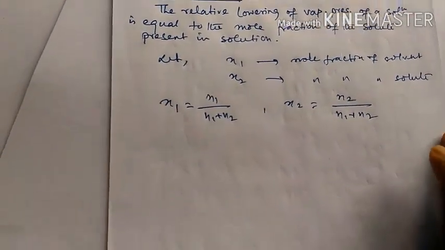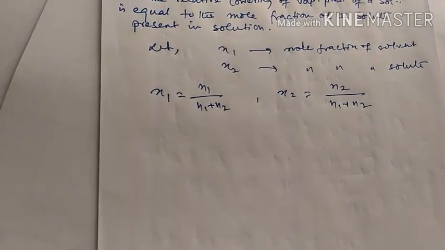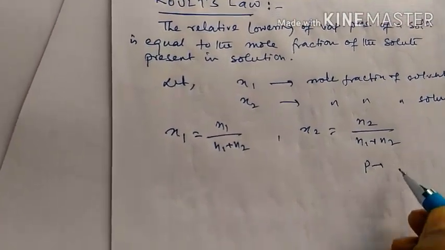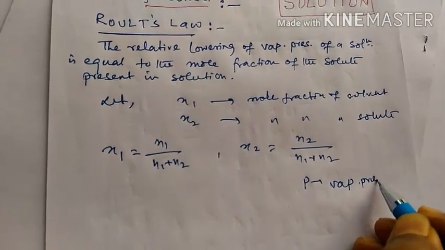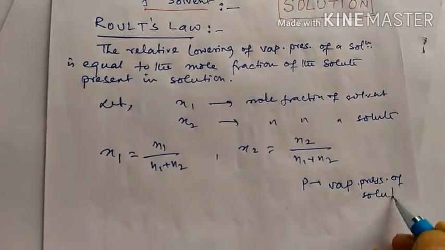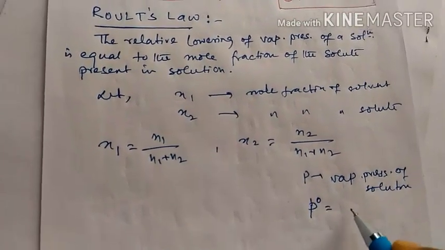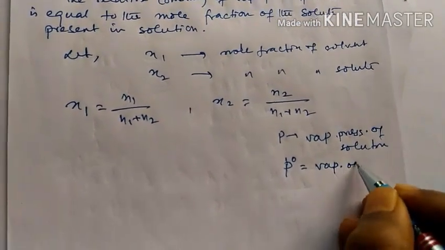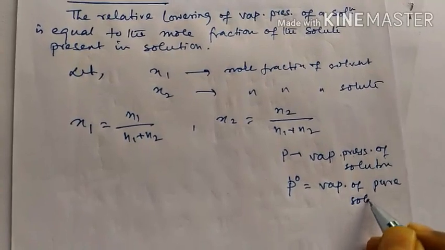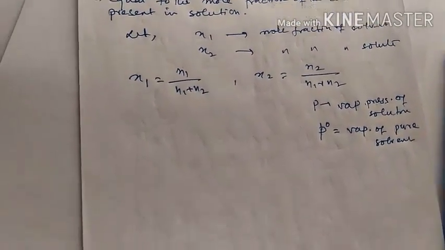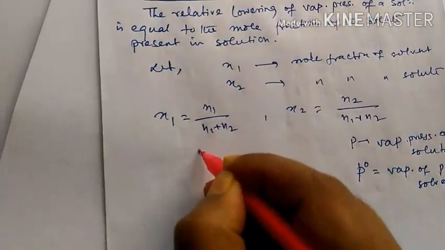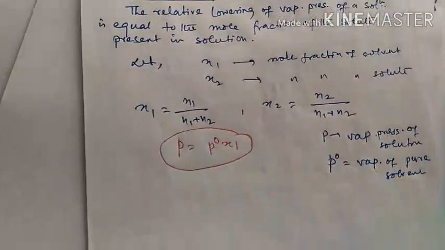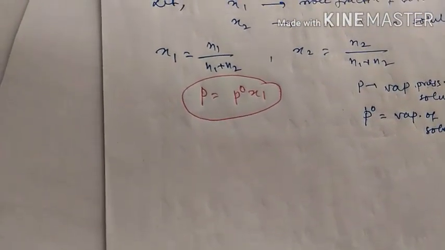Now the vapor pressure of the solution is P, and P0 is the vapor pressure of the pure solvent. Then you can write P equals P0 into x1.